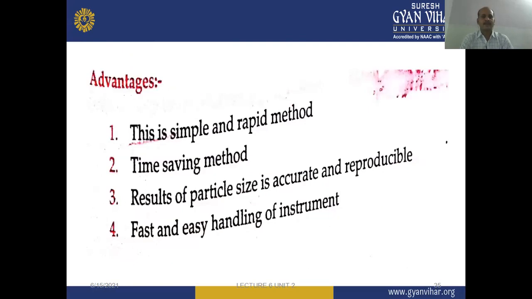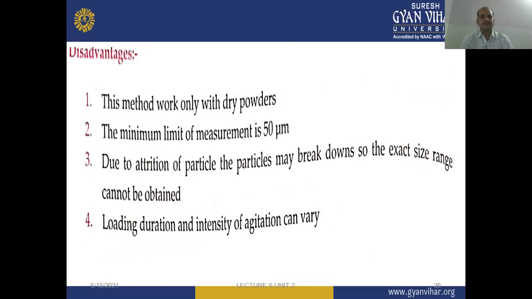So these are the advantages. We already discussed it. This is a simple and rapid, time saving method. Results of particle size are accurate and reproducible, and it is fast and easy in handling of instruments. And disadvantages, as I already discussed, this method works only with dry powders.